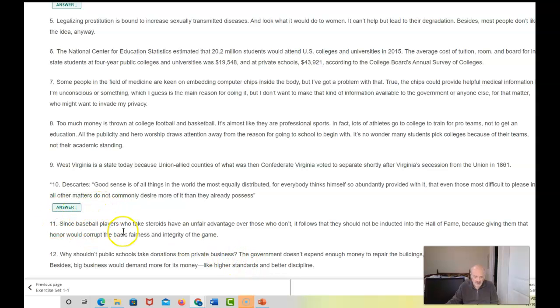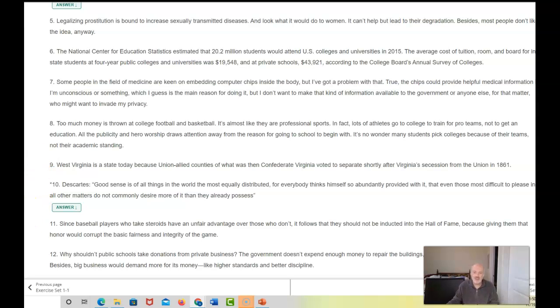So since, premise indicator, baseball players who take steroids have an unfair advantage, because taking steroids gives them that, and therefore they should not be inducted into the Hall of Fame. And then the conclusion is obviously that they should not be inducted, and this because is connecting the 2 premises, first premise, second premise.